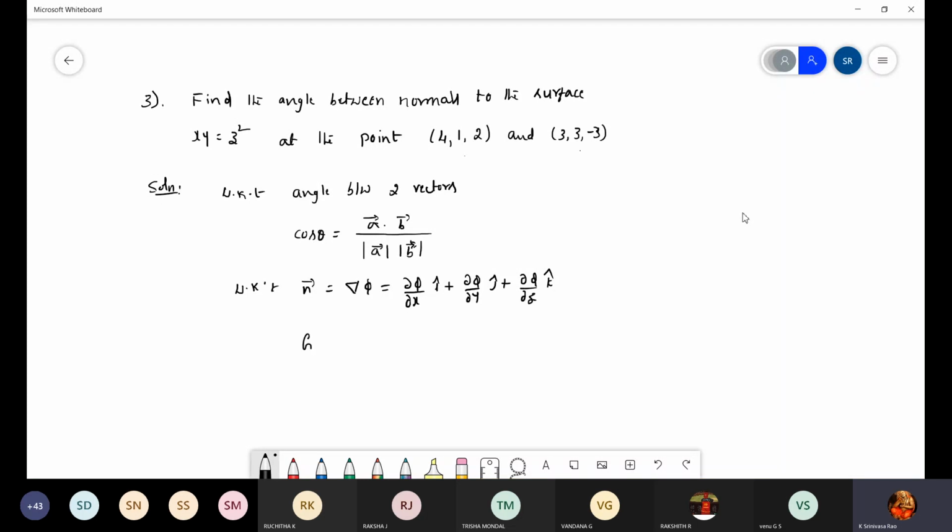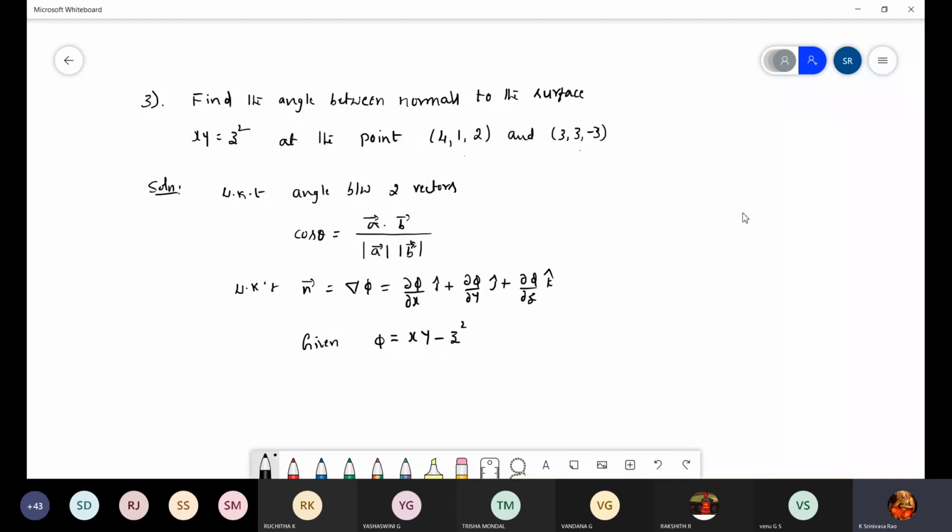So given phi equals, what is our problem? xy equals z square, so xy minus z square. You have to take all right hand terms to the left hand side, and that you take as phi.